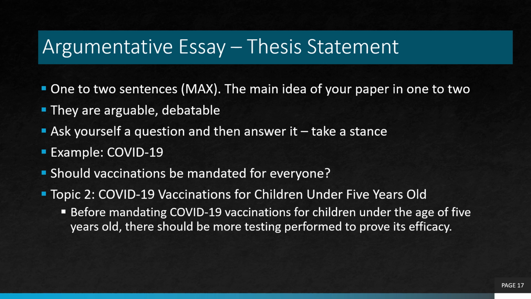You can see how I'm just narrowing this down and narrowing it down. And then you see my thesis statement, and you can see my stance on what I think, right? So I'm basically telling you that, well, right now I'm going to say no because I want to find out a little more scientific information about it, right? And this is how you're going to go about your first argumentative essay submission.